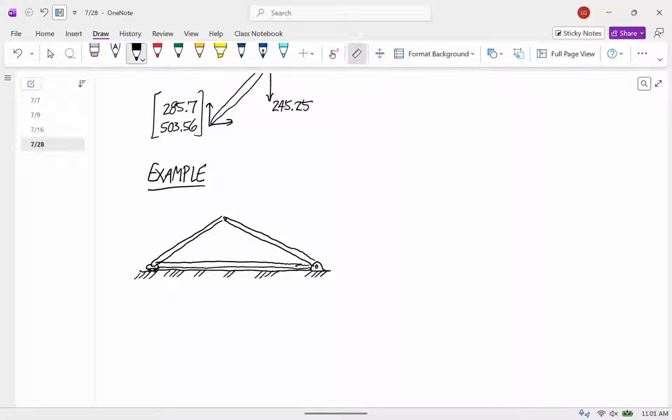And let's say that this angle is 30 degrees. This angle is 30 degrees. The length between these joints is 2 meters. And there is an external load here of 1,000 newtons.